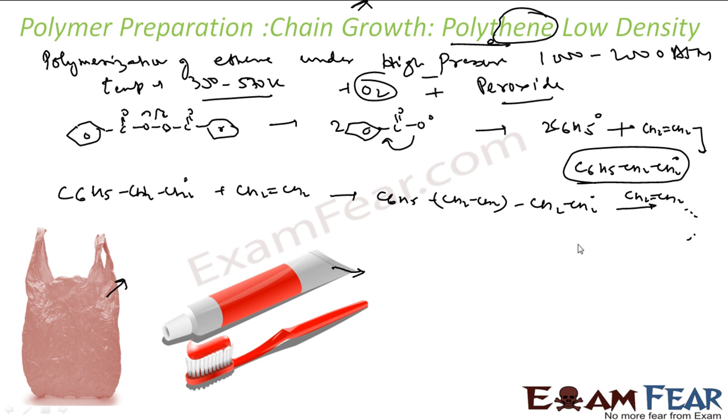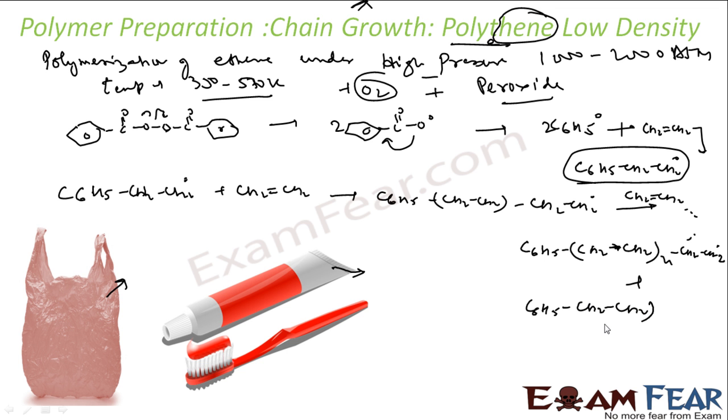The reaction will continue, a lot of things will be added and form C6H5, CH2, CH2, n number of these, CH2, CH2. That is the chain growth step. And then there will be a chain termination step where this will react with one more of a similar kind of this. Let's assume that this is n, this is m, CH2, CH2.